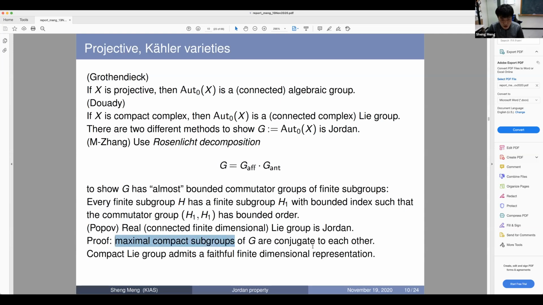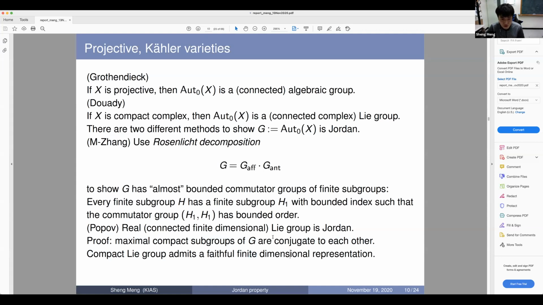So if you fix a maximal compact subgroup of G, then it contains a conjugate isomorphic copy of every finite subgroup of G. Then it is known that a compact Lie group admits a faithful finite dimensional representation. So in particular, you can embed all the finite subgroups of G into one general linear group. So in particular, G is Jordan.